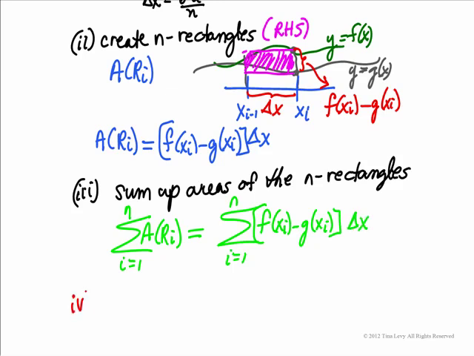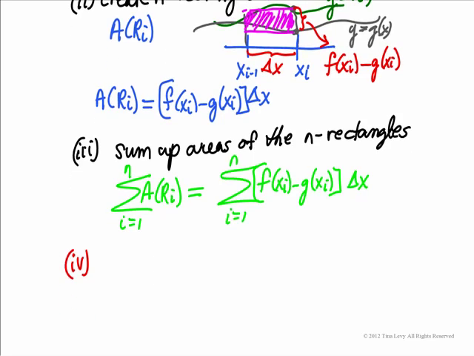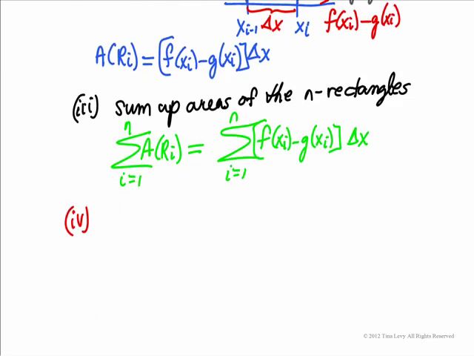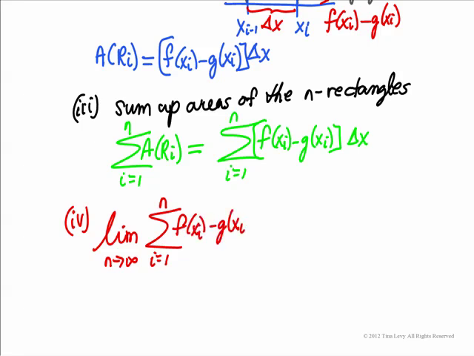And now the last step: we don't want just n rectangles, we want the whole region, so we'll take the limit. The limit as n approaches infinity of this Riemann sum, (f of x sub i minus g of x sub i) times delta x.